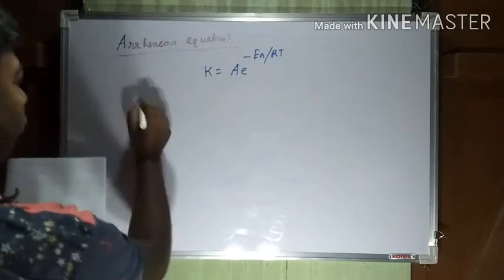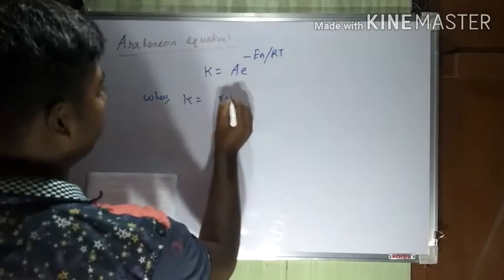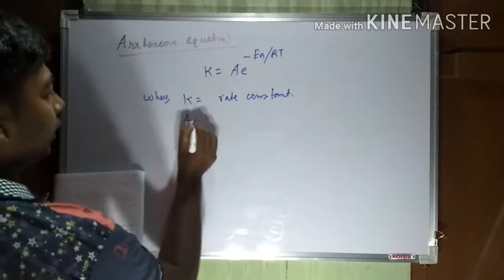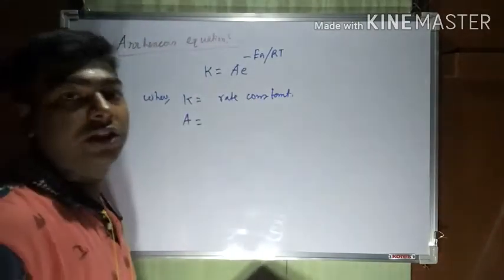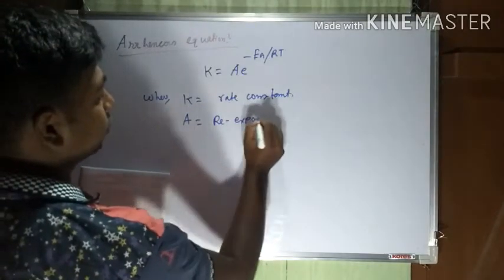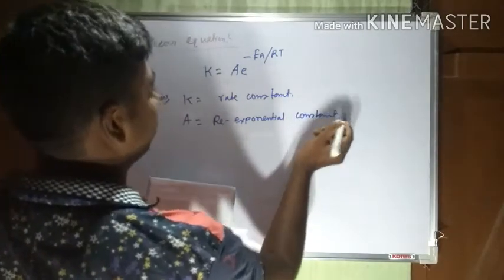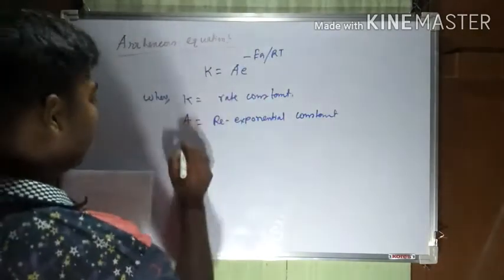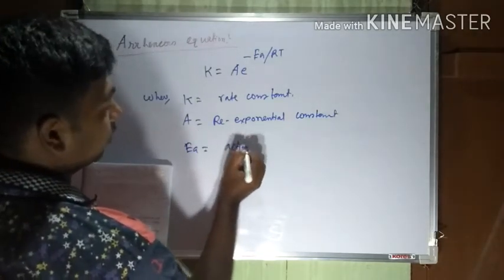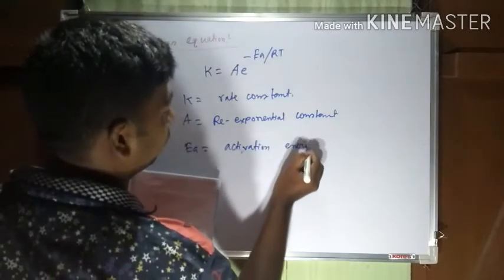Where K is the rate constant, A is known as the pre-exponential factor. Remember, this one is also a constant. And EA is the activation energy.